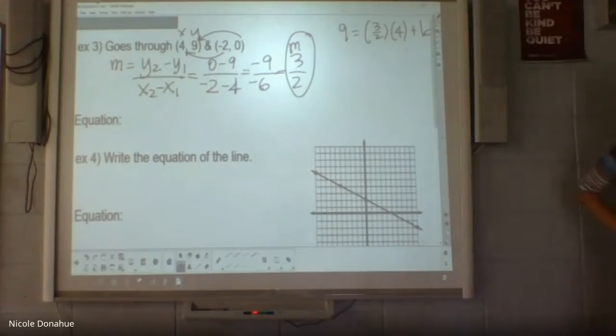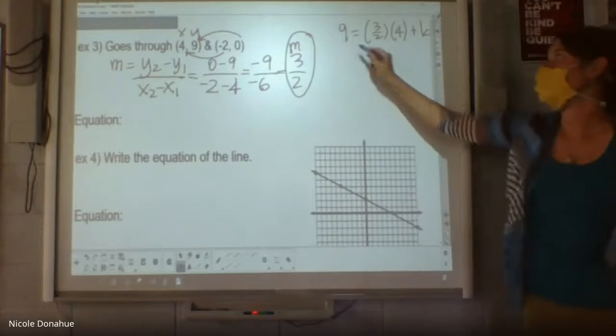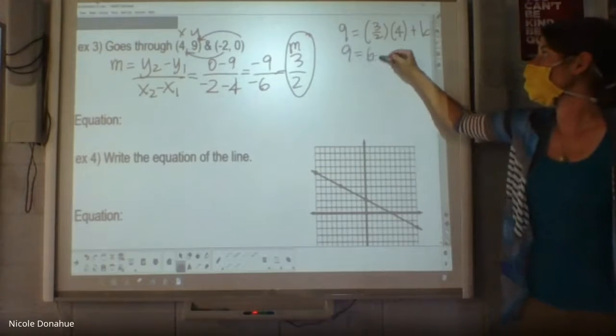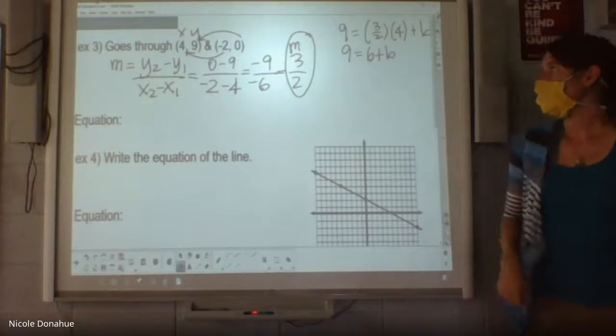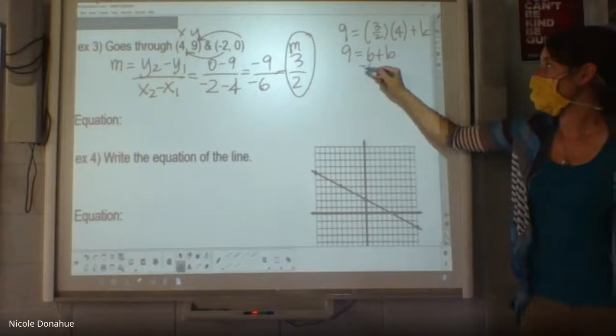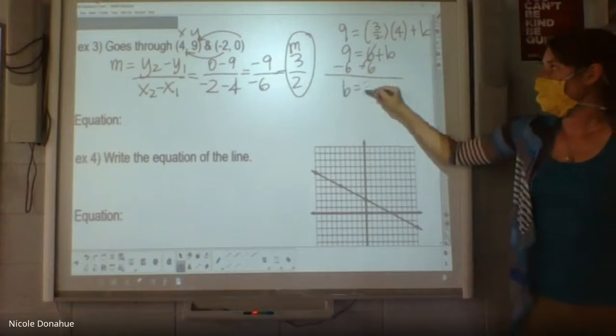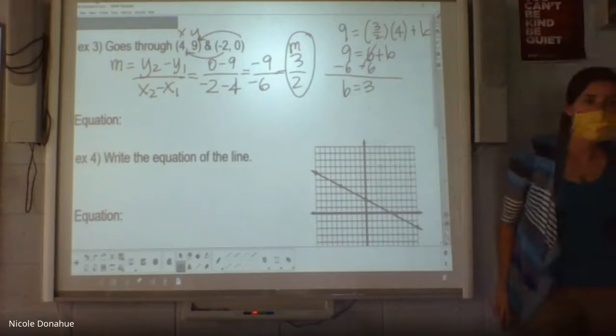So we're doing 3 halves times 4. That becomes 12 halves, or 6. Very good. I get 6 plus b. I'm going to move that 6 away. I'm going to find out my b is 3.